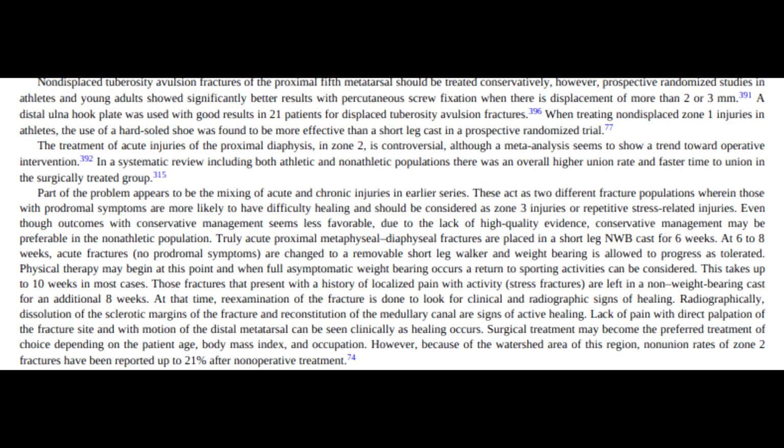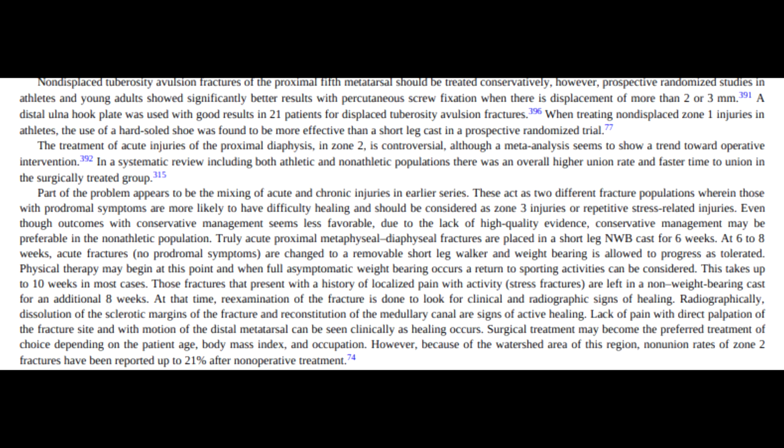Now, we move to the more problematic area, the proximal metaphyseal diaphyseal region, especially Zone 2 and Zone 3. Acute injuries of the proximal diaphysis in Zone 2 are controversial. Meta-analysis suggests a trend toward better outcomes with operative treatment, with higher union rates and faster time to union, compared with non-operative management, both in athletes and in non-athletes.